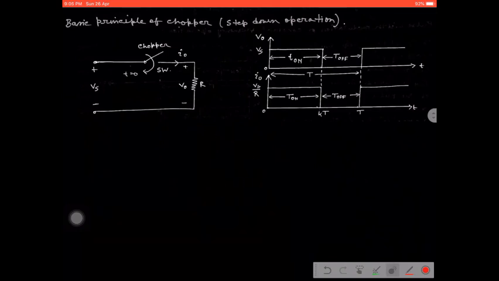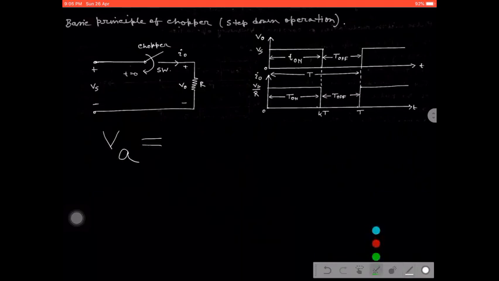So in this case, we can say the average output voltage at the output terminal, suppose V average, should be equal to the number of peaks in the positive direction in a complete cycle, right? So in the complete cycle T, how many peaks are there in the output voltage? That is 1.